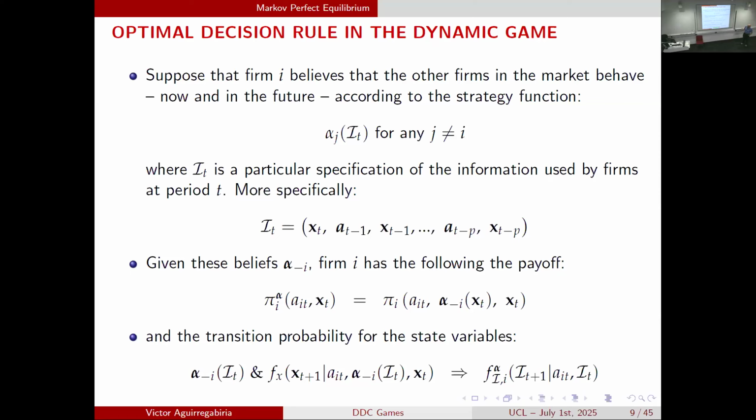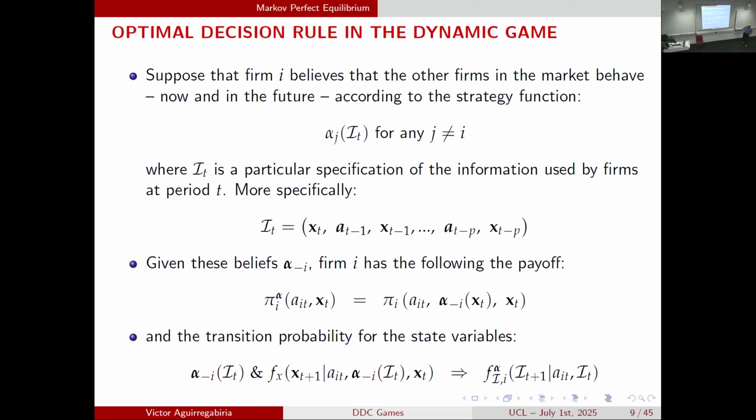And taking into account this strategy function and this definition of the information at period t, it is straightforward to see that this implies a transition probability for this information at period t plus 1. Okay, then basically everything in the information at period t plus 1 that is not the action of the players at period t and the state at period t is incorporated also in this information at period t.